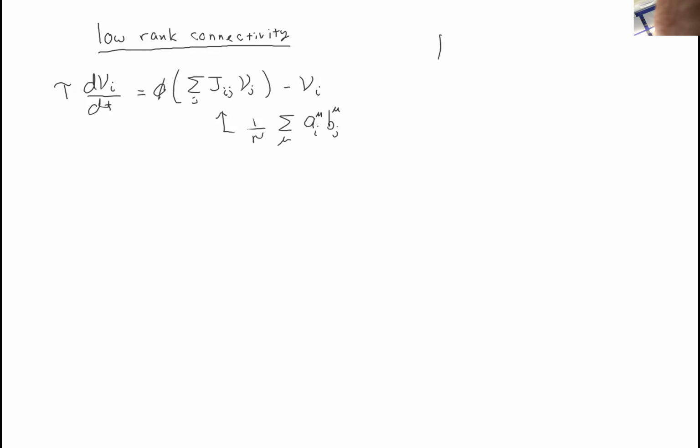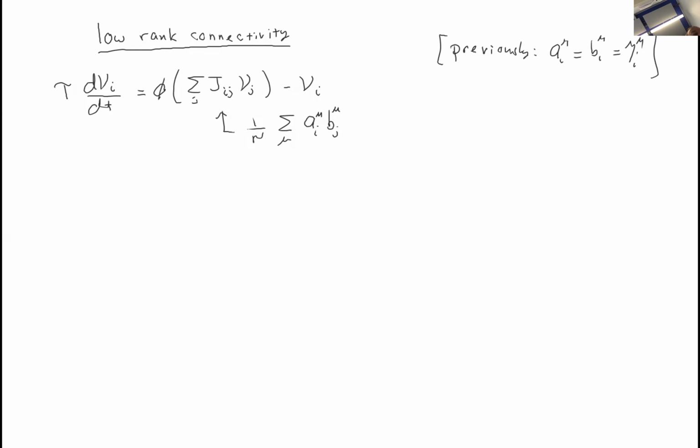Previously we had A equals B, right? A_i^mu equal to B_i^mu, and we called it xi_i^mu. But now for generality, I'll let them be different.